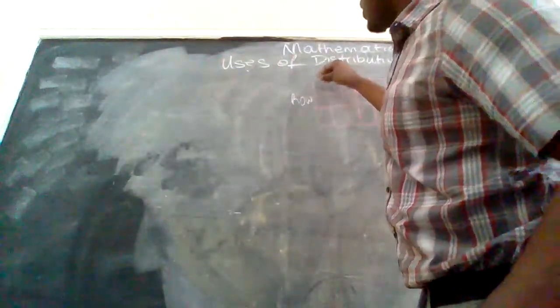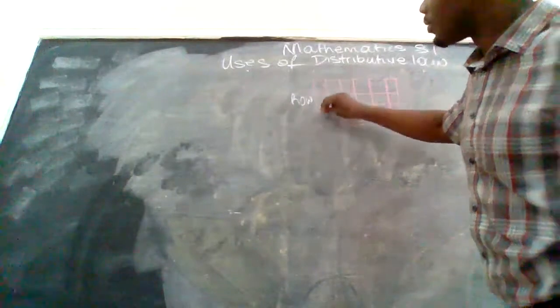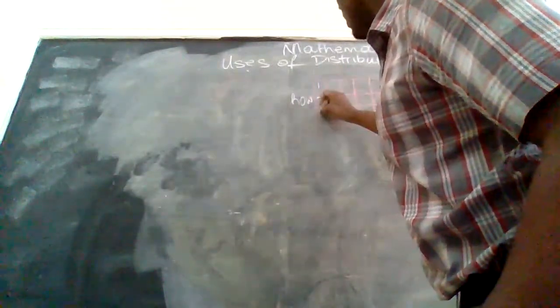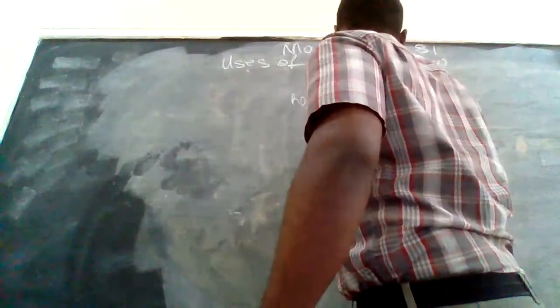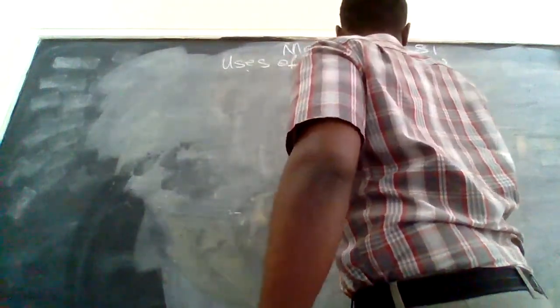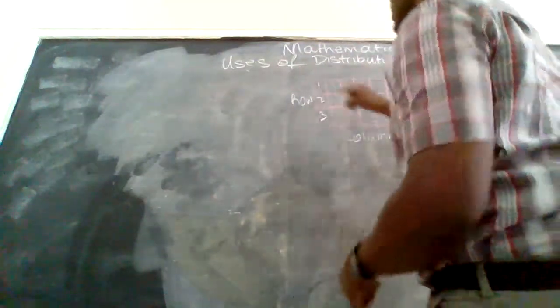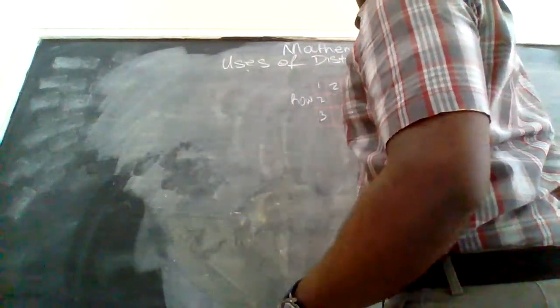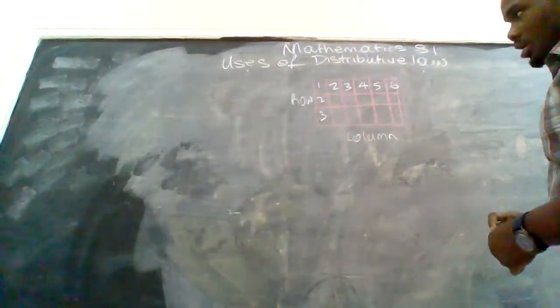The rows are how many of the chocolate bars go down, and the columns are how many go across.